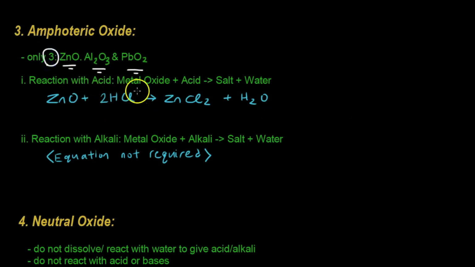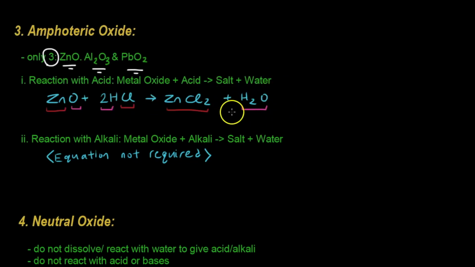It's the same as how you would expect a base to react with an acid. It's also neutralization. You can see that the zinc here takes in the Cl to form zinc chloride, and the remaining oxygen will form a bond with the 2 hydrogens to form water.